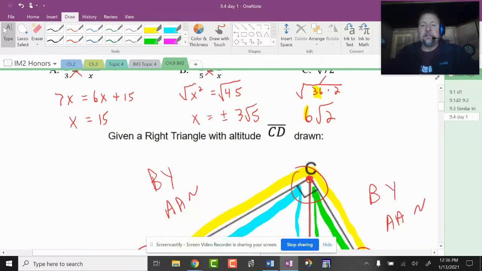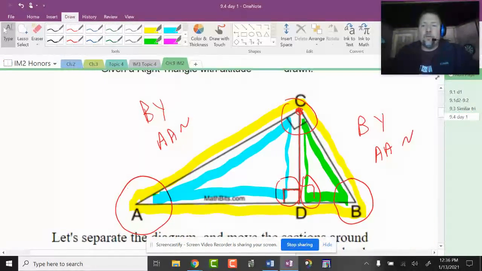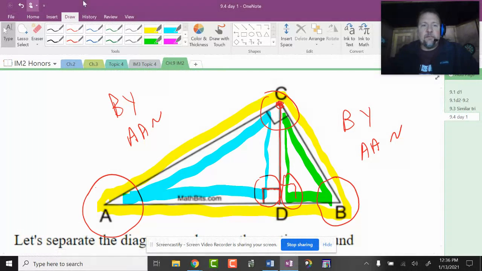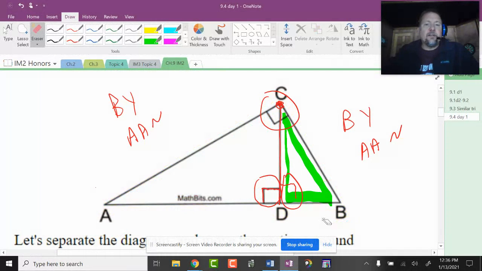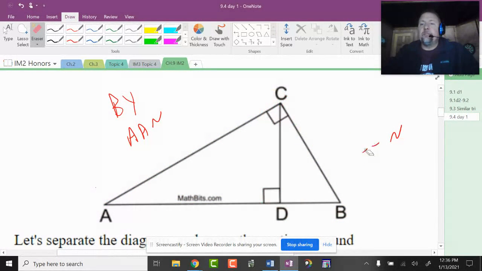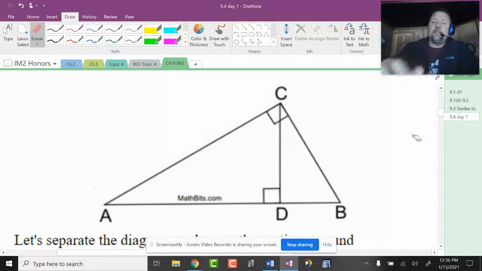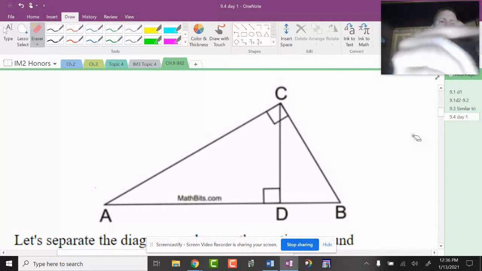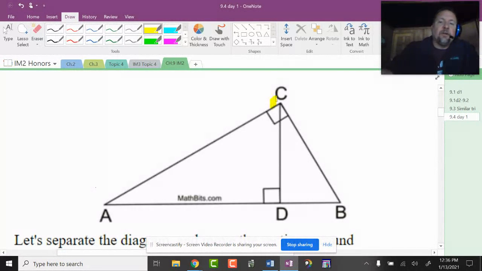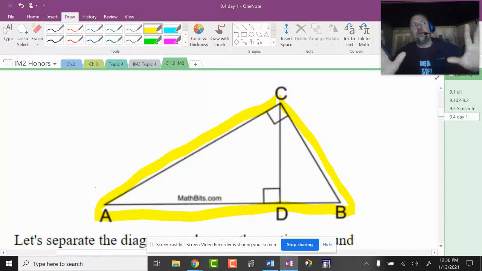All right, and then I do want to rehash what is going on, and then I'll redraw this. I think I did a really good job in third hour, both hours, just talking about why these are and writing this down. So what's given first is this big triangle, and it's a right triangle. Remember, in similar triangles, sides are proportional.